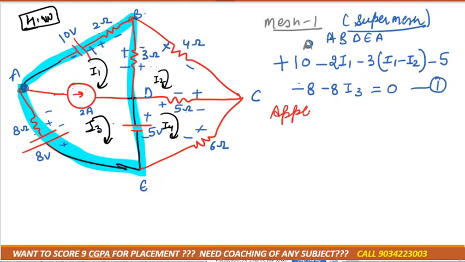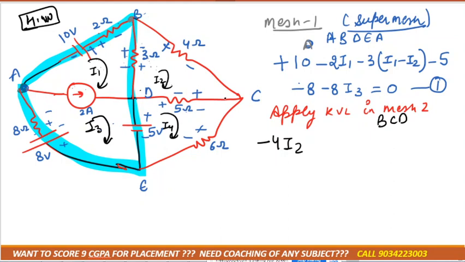Again we have to write down: apply KVL in mesh 2. Which one is mesh 2? Mesh 2 we can consider as BDC, right? You are standing at B position and you have to be back to B only. If you are moving from B to C, then it would be minus 4I2. Try to move in the direction in which current is moving, then it would not be confusing for you. Current is moving from B, C, D, so try to move in that direction only.